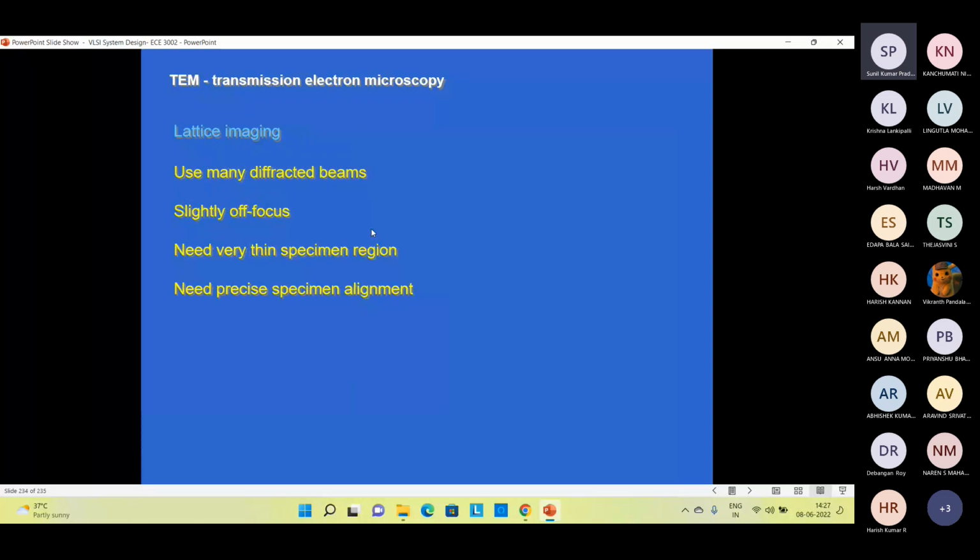This is actually very important, for lattice imaging, which can be used for many diffracted beams and slight defocus, we need a very thin specimen region and precise specimen alignment.